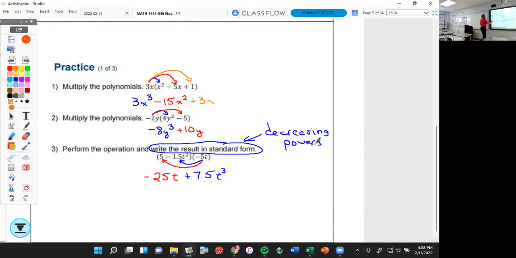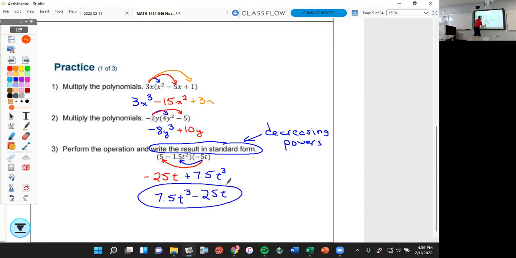That's definitely not descending power. So what I'm going to do is just rearrange it. The 7.5t cubed is positive, so I'll keep the positive sign, but I'm not going to write positive. That is 7.5t cubed, and this is a negative 25t, so minus 25t. And that would be how you write that answer in standard form.